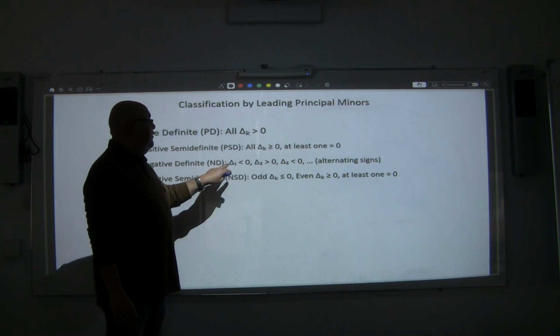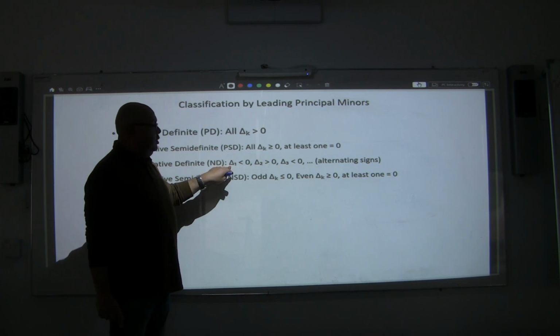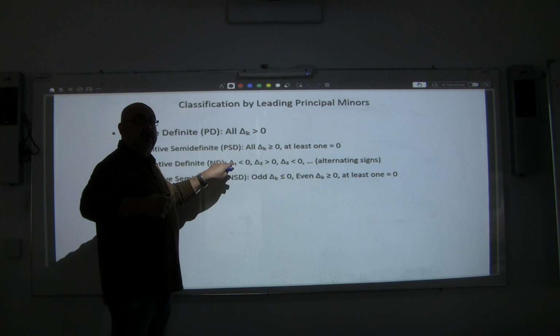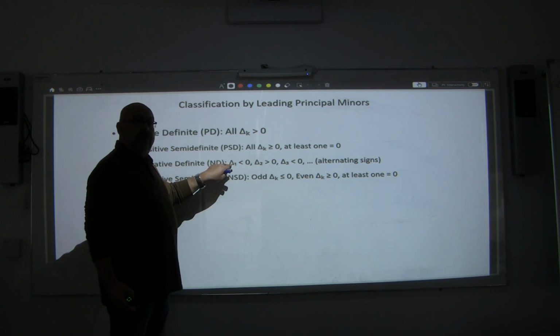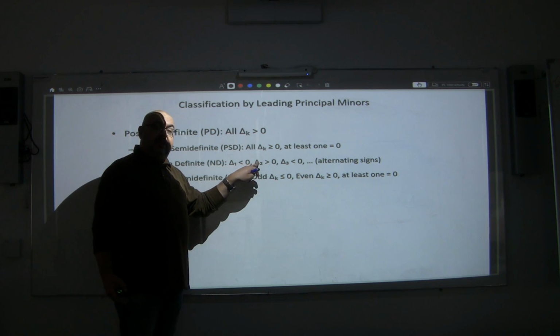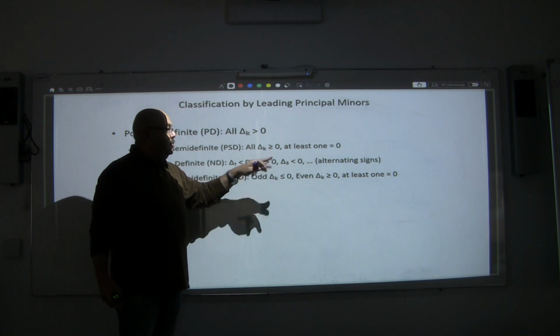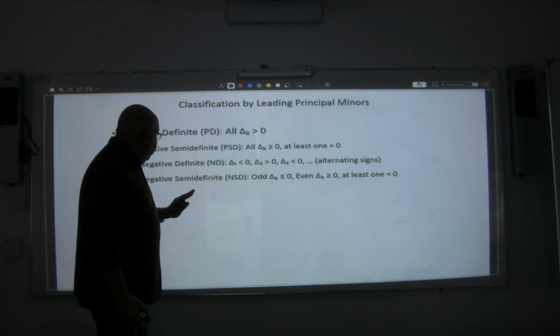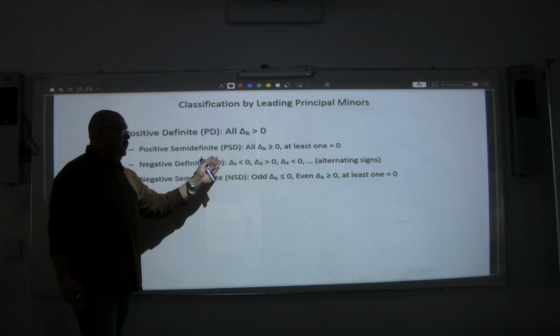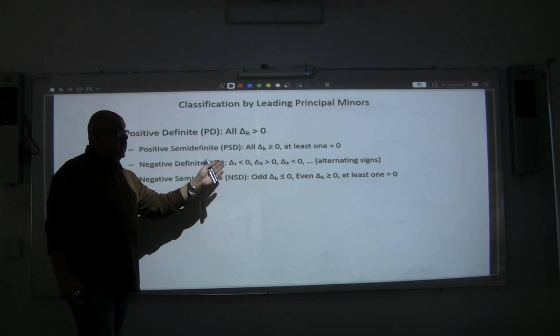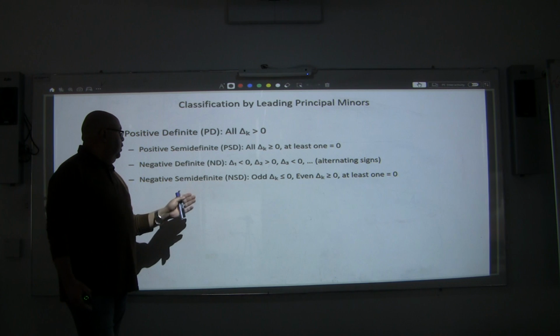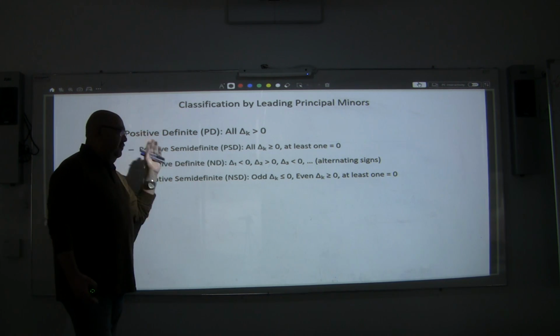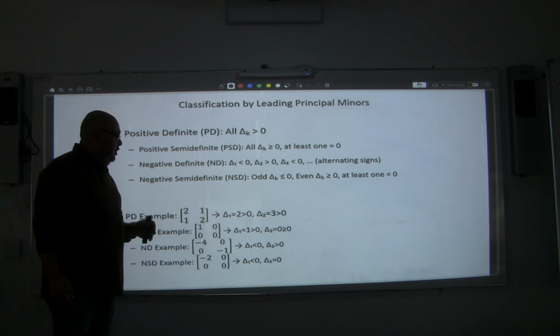Negative definite if, starting the alternation with delta 1, the determinant of the first is less than 0, while the determinant of the second is greater than 0, and so on. So it's an alternating case, starting with the negative sign, and you will have a negative definite. If this relation exists and one of them is equal to 0, then you will have a negative semi-definite. If none of this, then you will have the indefinite case.